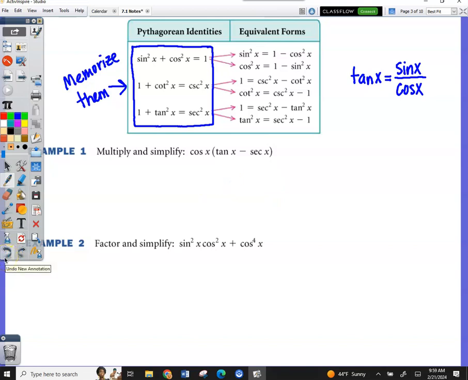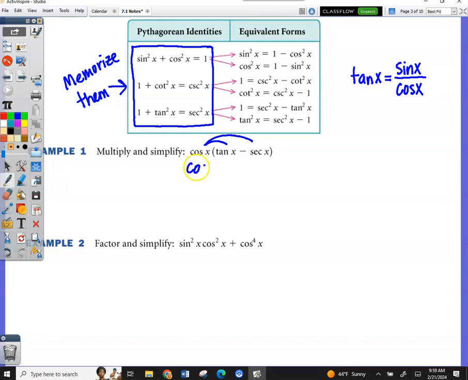So we're going to take cosine x, think of it as a block, and we're going to distribute to tan x and secant x. When I distribute a trig function to another trig function like this, you're just shoving them together. Think of magnets that just draw together by multiplication.